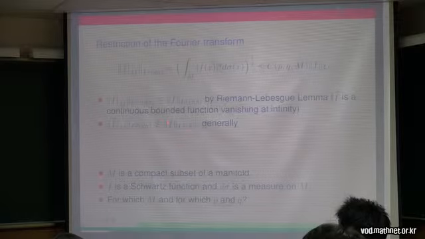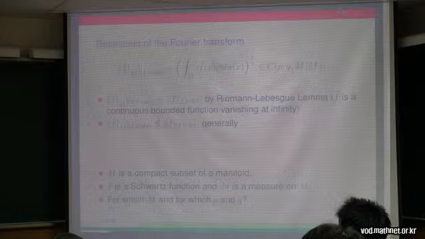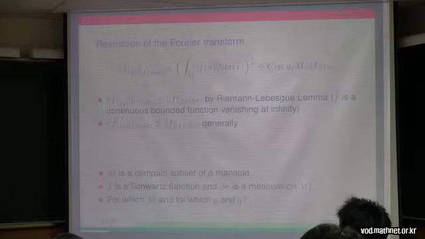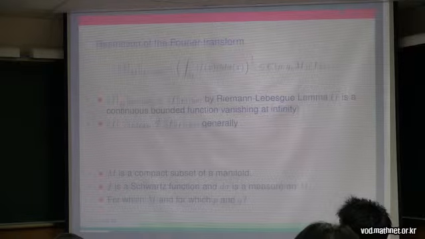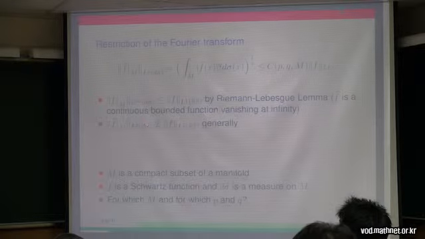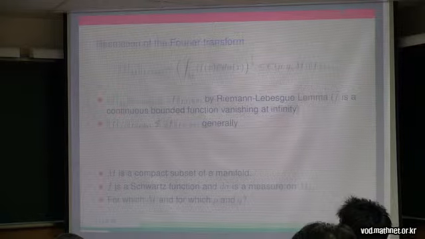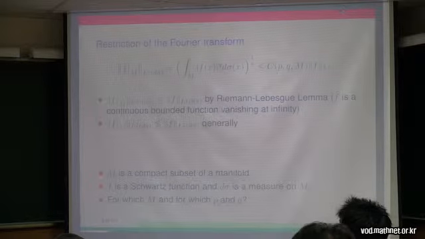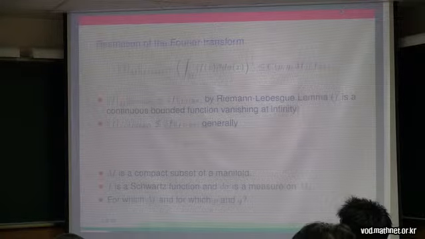If f is an L2 function, then the Fourier transform of f is also an L2 function, so there is no way to restrict, and this quantity can blow up.